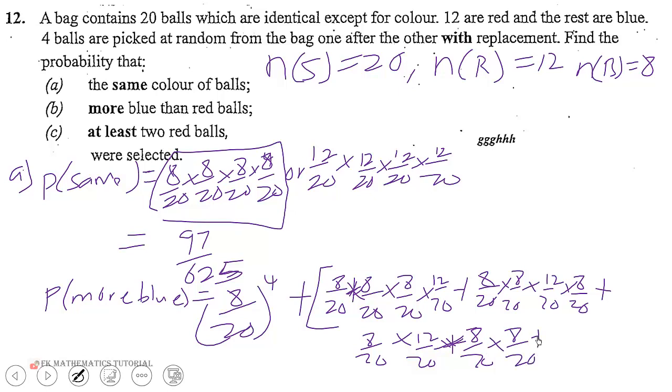Then finally we have first one being red, second blue, third blue, and fourth blue. So when we add this to this, we will get something like 112 over 625.